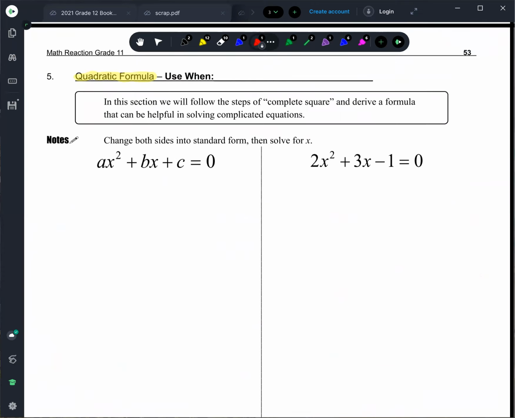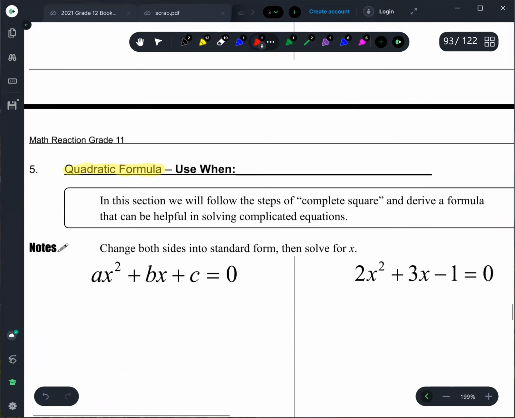So quadratic formula, quadratic equation, quadratic function, okay? Very confusing, right? Let's clear that up. Take a look at what the difference is. We started by learning quadratic function. Quadratic function means you can have x and y.